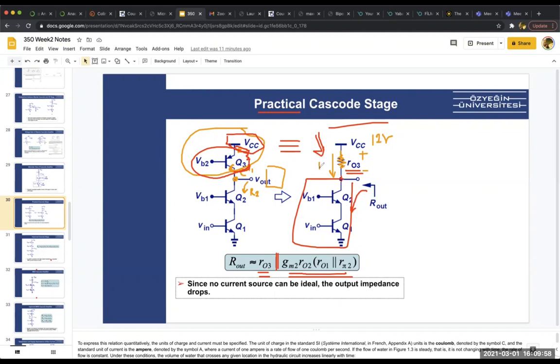Let's assume this current here is 10 milliamps. We need to keep this RO3 big, right? Let's assume we keep it 1K because we want RO to be big. Well, 10 milliamps times 1K is 10 volts. If this is 12 volts and this is 10 volts, here will be 2 volts.